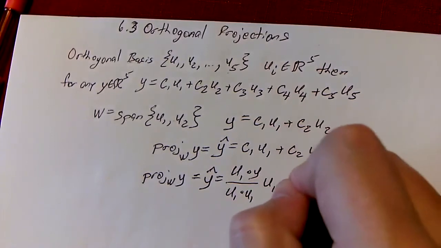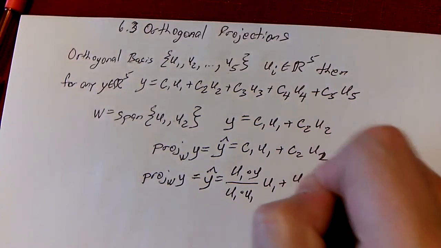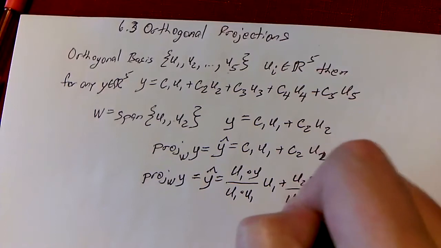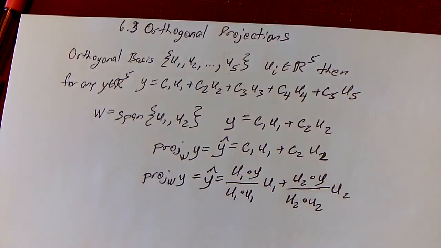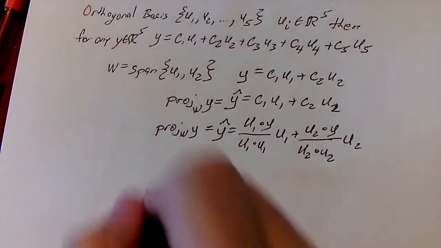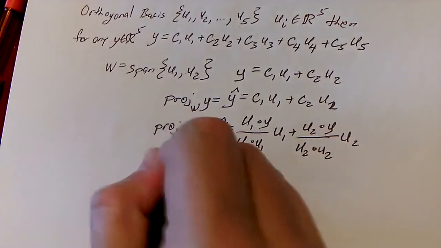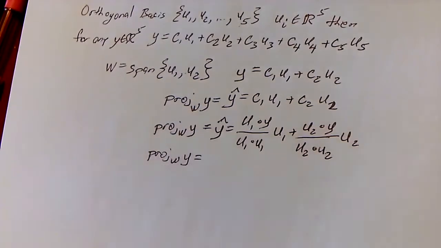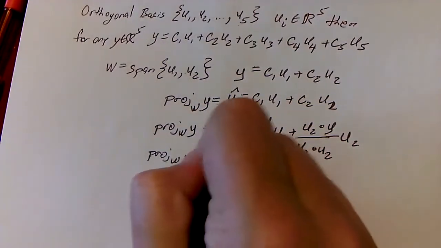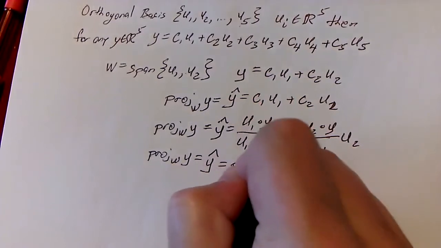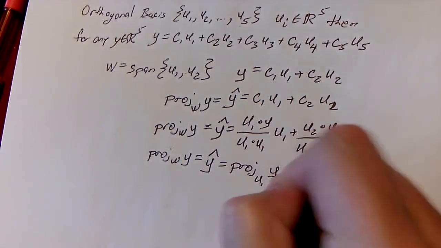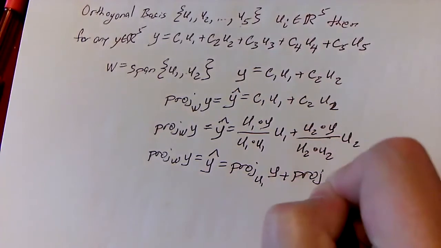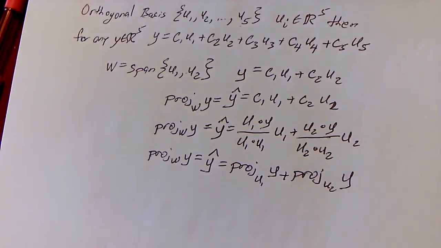And the same thing for c2: u2 dot y over u2 dot u2, or the norm squared, multiplied by u2. So I can break down this projection into 2 smaller projections, one of y onto u1 and another of y onto u2.